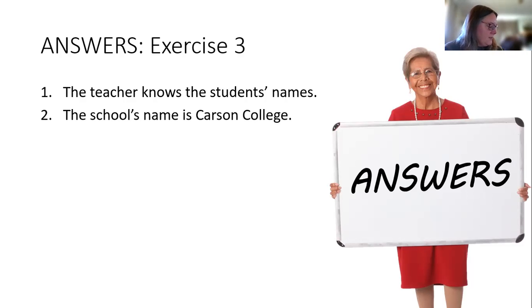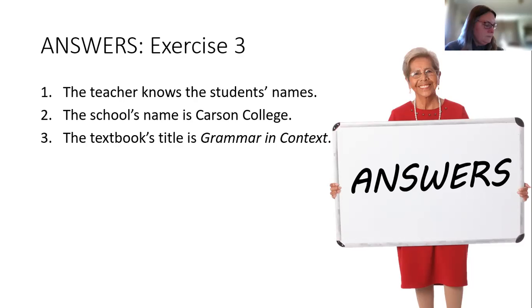Number 2, the name of the school becomes the school's name. And so we simply say the school's name is Carson College. We add on the rest of the sentence. In number 3, the title of this textbook becomes the textbook's title.